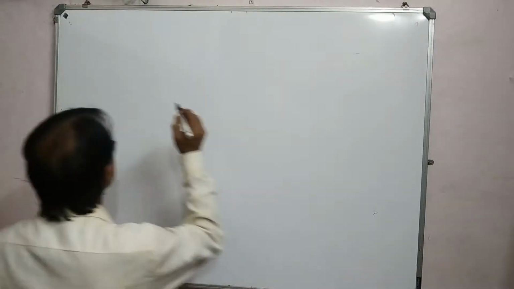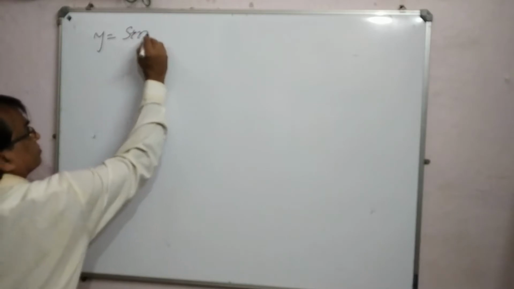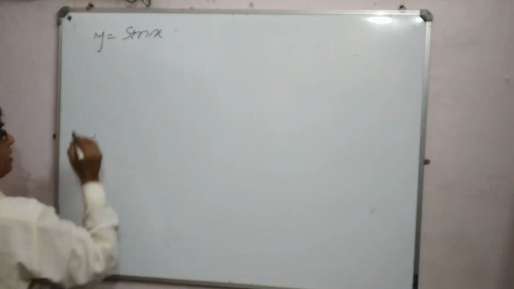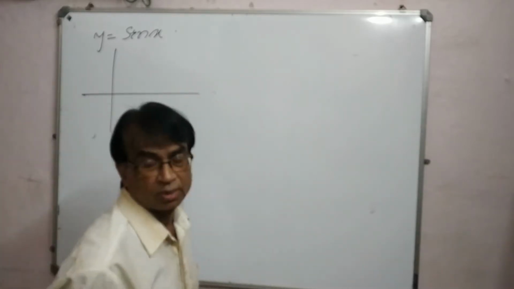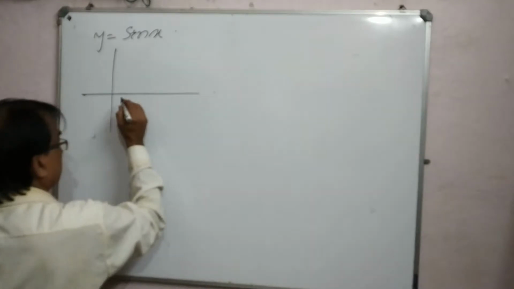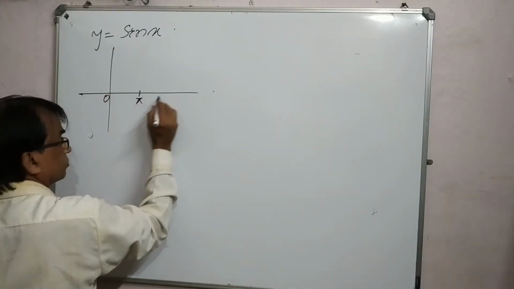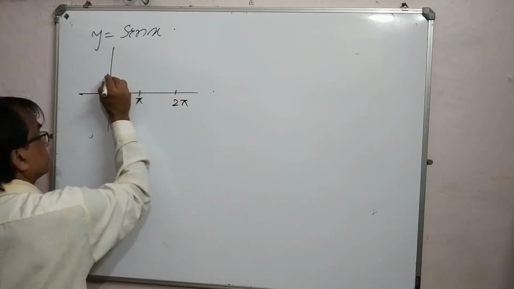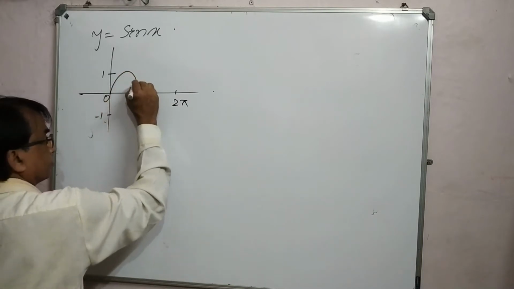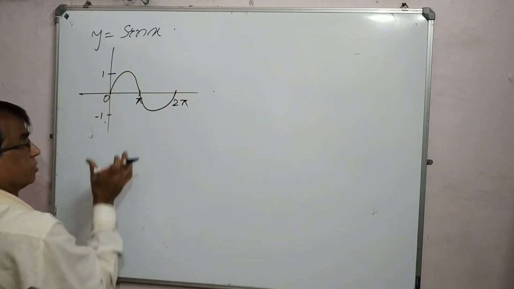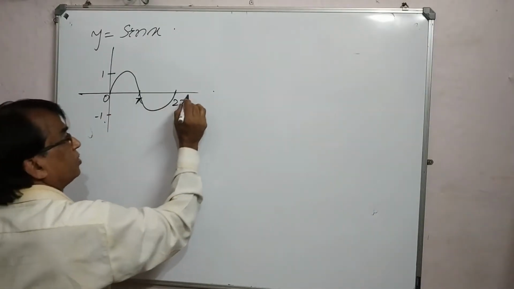Let's say y is equal to sin x, and the graph from the unit circle diagram of the NCERT book, its period is 2 pi. This is the shape of sin x, and this shape is continued.